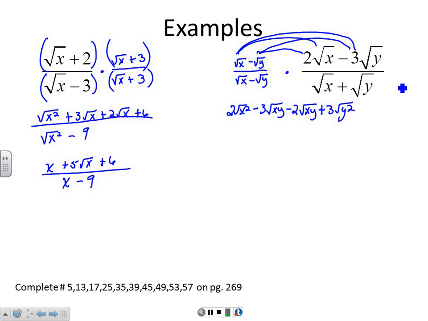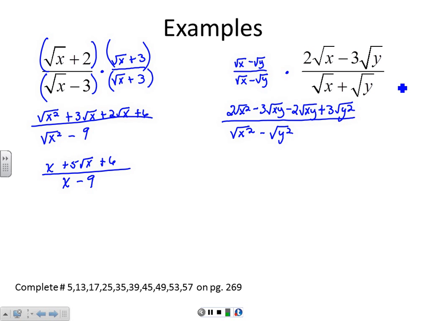So again, on top, that's going to be the whole entire full method. Now, on bottom, we're doing conjugates, so first times first, which is going to be the square root of x squared, and then last times last, which is going to be negative square root of y squared.